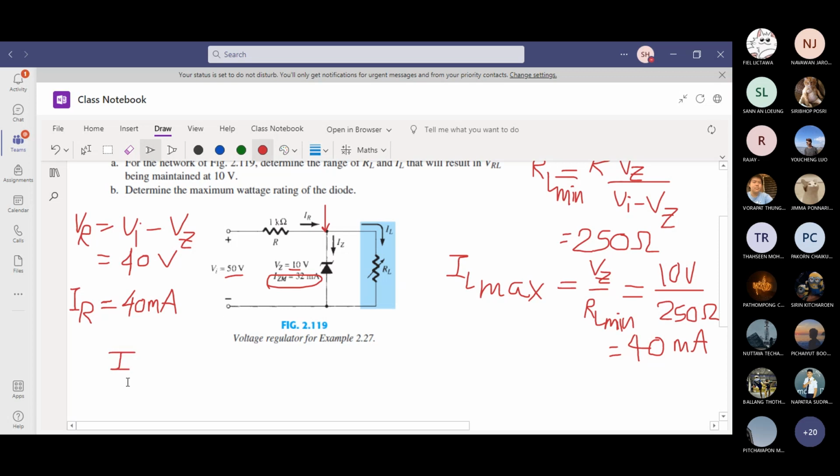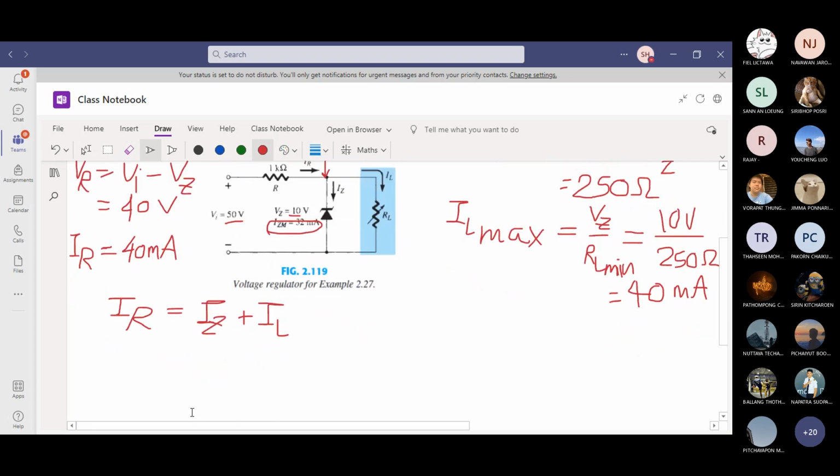If you see the equation, IR equals IZ plus IL. We established IR is a fixed value. If the Zener current is maximum, which means the load current will be minimum. If this guy takes away all the current, the load will be the minimum load current.